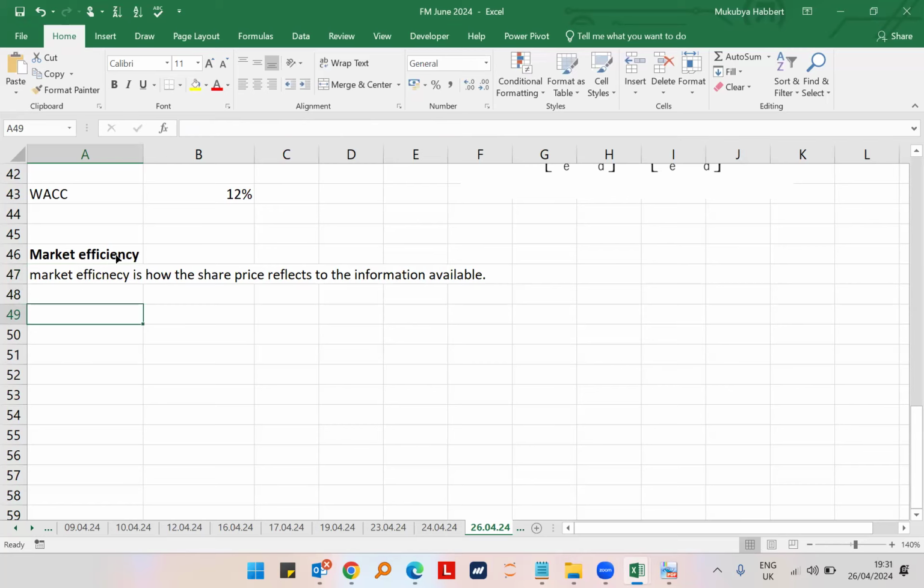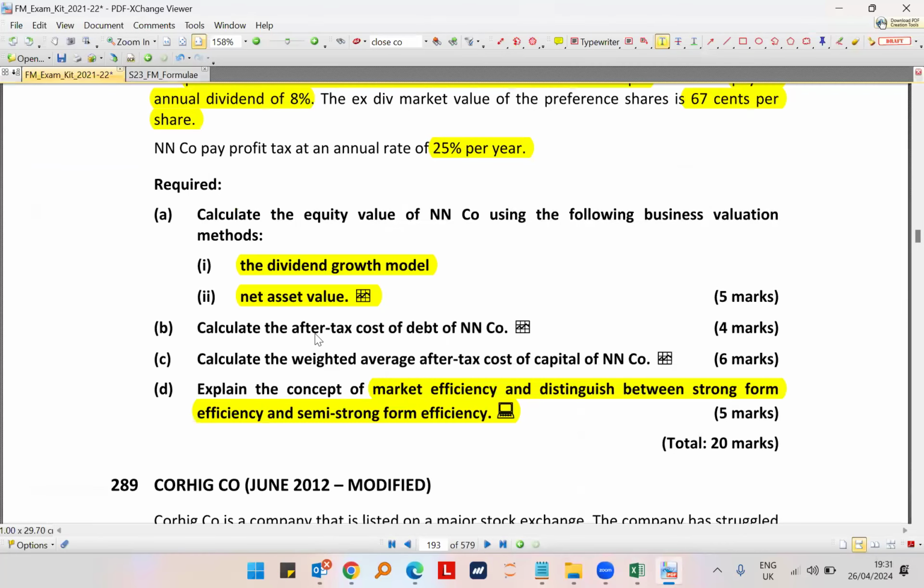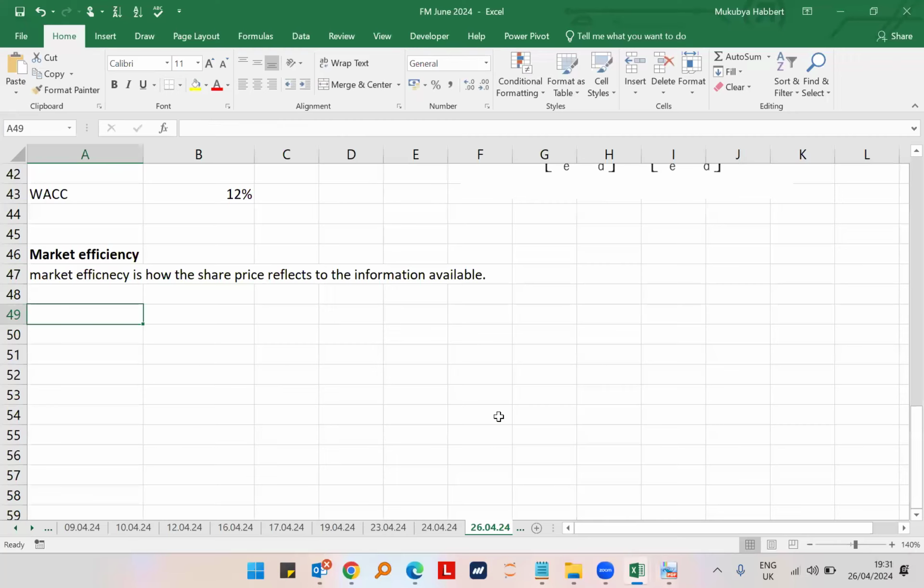They are telling us to distinguish between strong and semi-strong, but you could do all three of them. You can start with the weak form. Then you have the semi-strong.